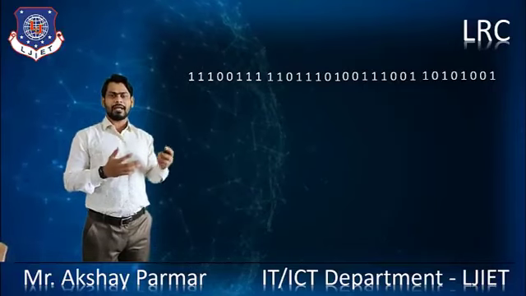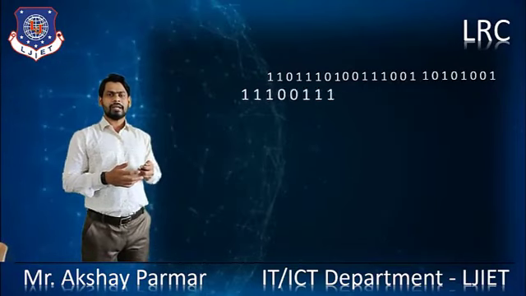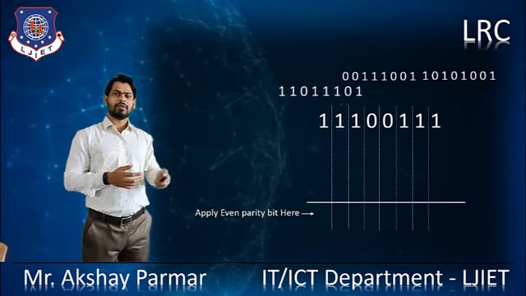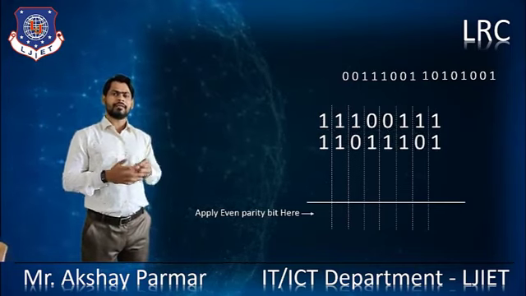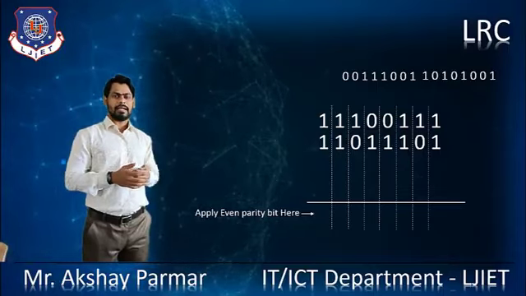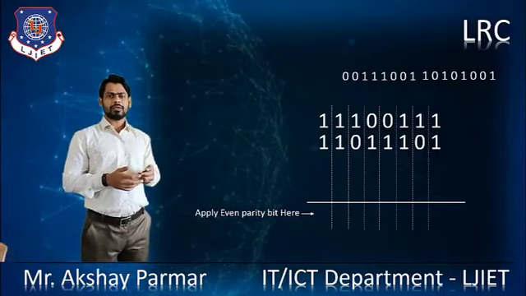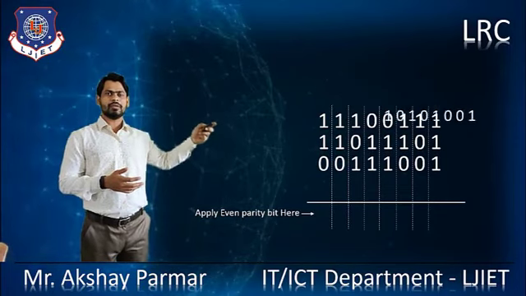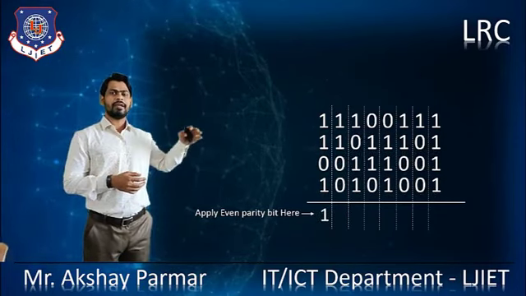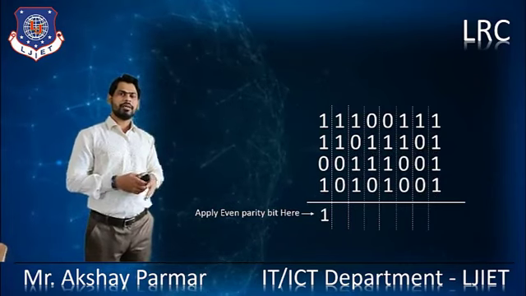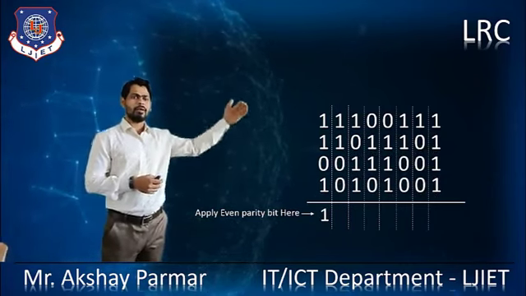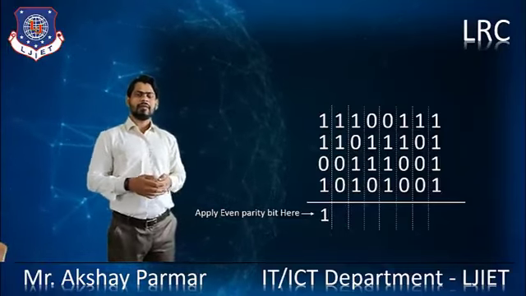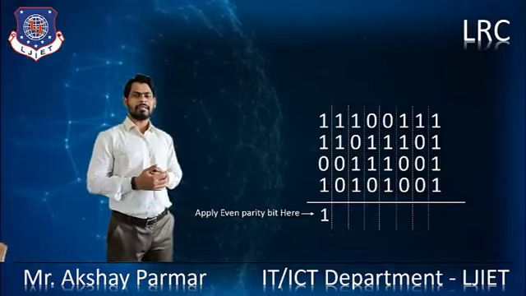We organize it in such a way that first we select the first 8 bits as one row, the second 8 bits, from 9 to 16, as the second row, and so on. That's how we organize the bit sequence into 4 manageable chunks. We have divided the 32 bits into 4 rows, and you can observe that there are 8 columns. After that, we apply the parity bits.